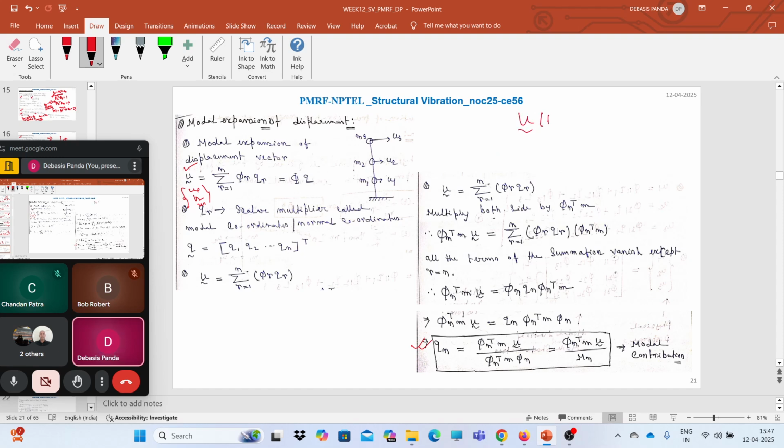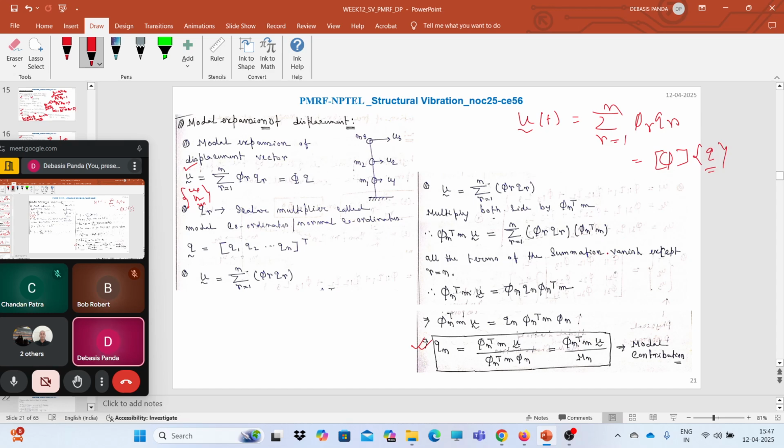That means u is the sum over r equals 1 to n of phi r q r, or in matrix form, the total phi matrix and your q vector, right?